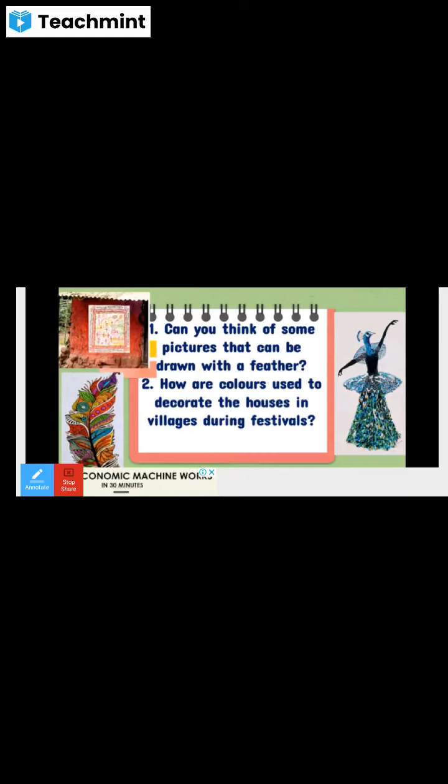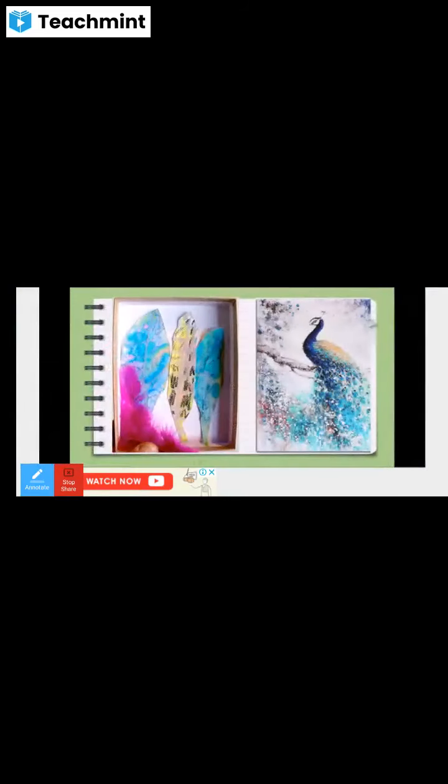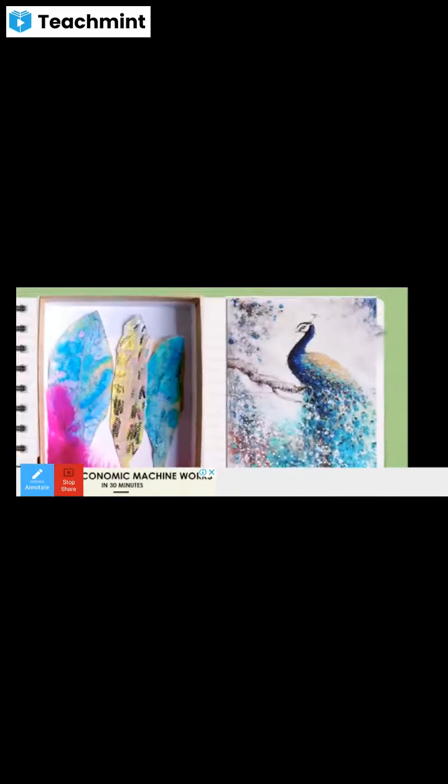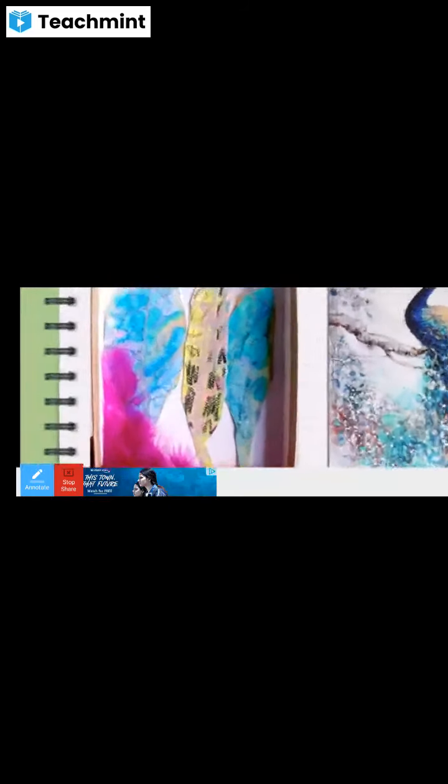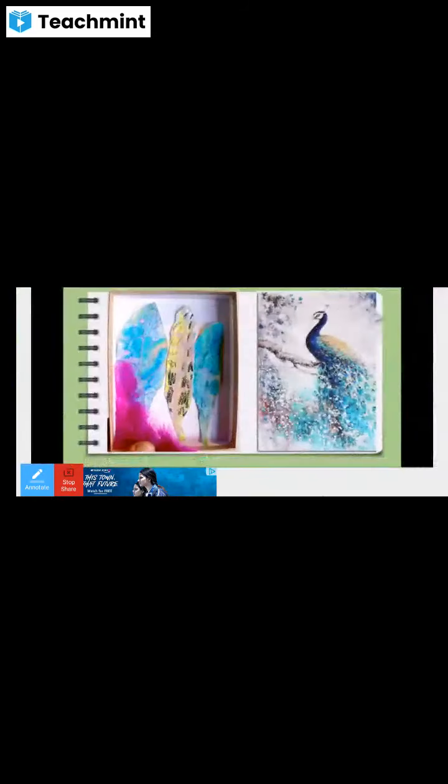If there are festivals in your village, how do we decorate our houses? If there is a ceremony in your house, how do you decorate it? We use different types of designs and different colors like this. You can draw these pictures with a feather, using different colors on the feather.